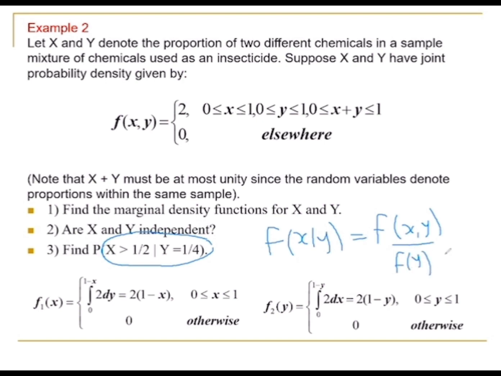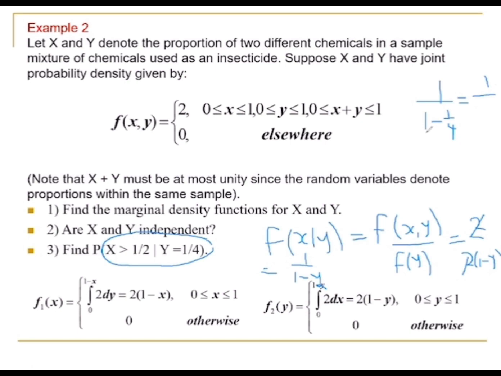Don't forget, your f of x y is actually 2, divided by your f of y, which is 2 times 1 minus y. So that cancels, and in the end it's going to be 1 over 1 minus y. When you have 1 over 1 minus y, you plug in 1 over 4, so it's going to be 1 over 1 minus 1 over 4.